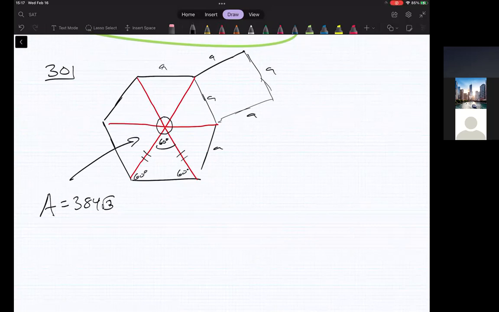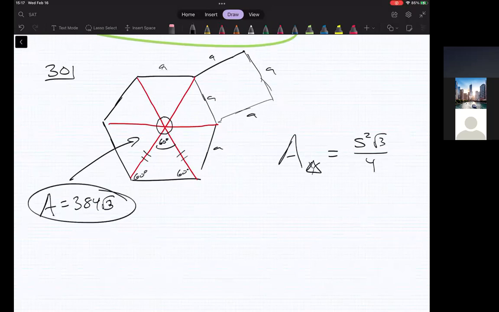I hope all of you guys walk into the next SAT with this formula memorized. The area of an equilateral triangle is always s²√3/4. Equilateral triangles show up all the time. Now, if the area of this whole thing is 384√3, then dividing it by 6 will give me the area of one of the equilateral triangles. What's 384 divided by 6?